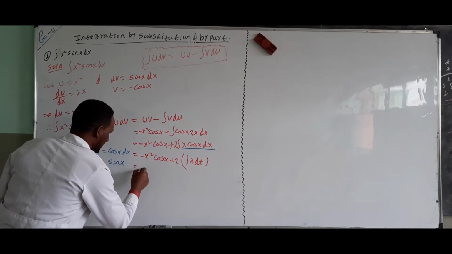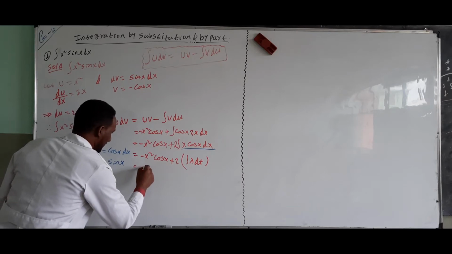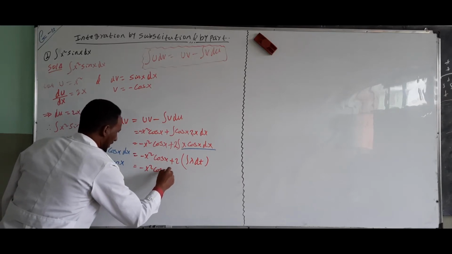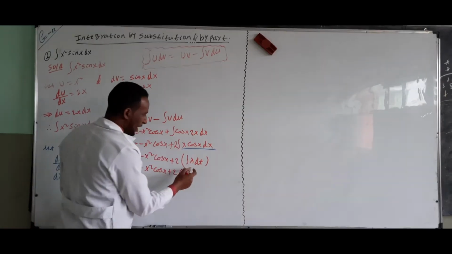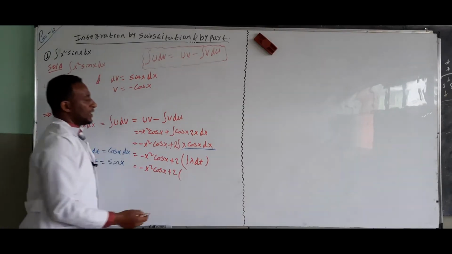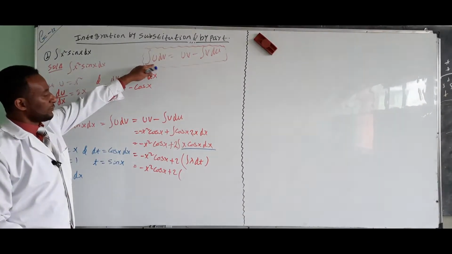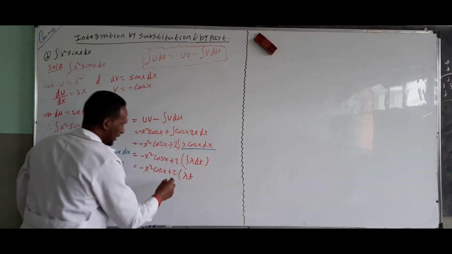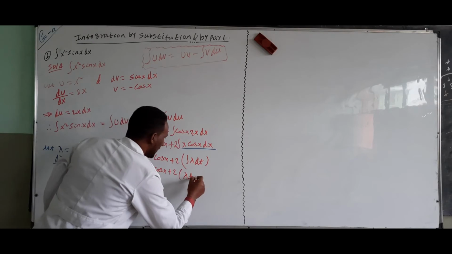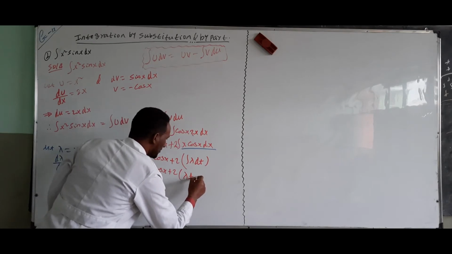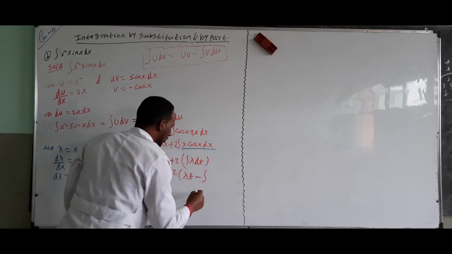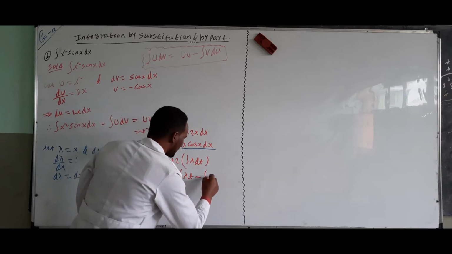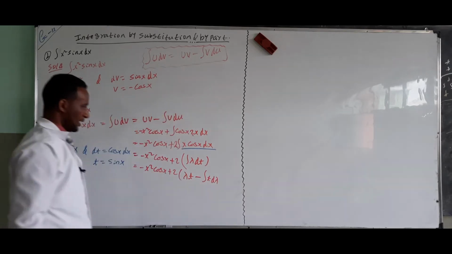Then it becomes negative x square cos x plus 2 times, by using the integration by parts formula, lambda t. This becomes lambda times t minus integration of t d lambda.